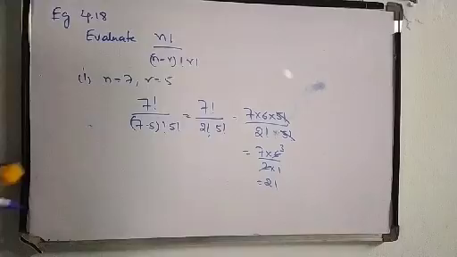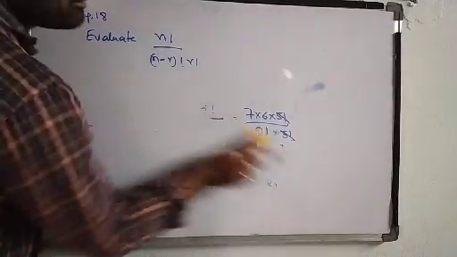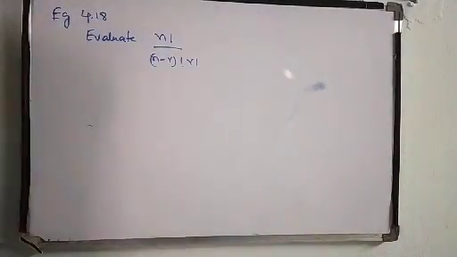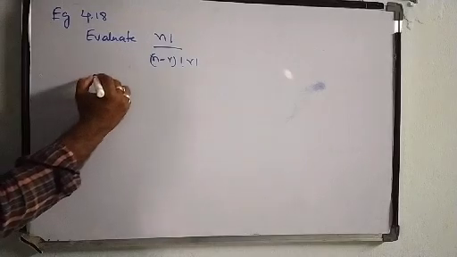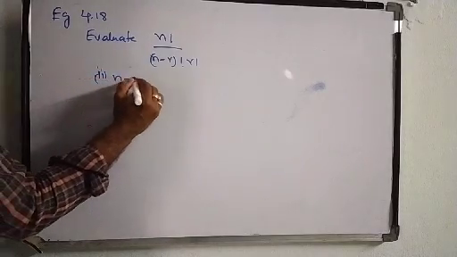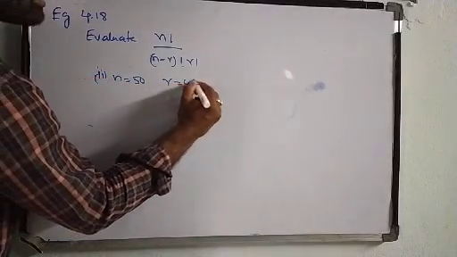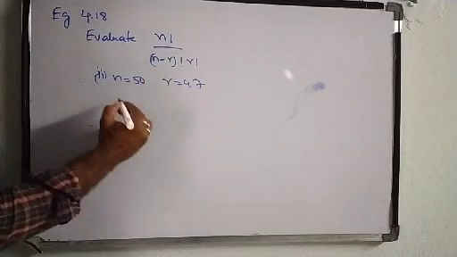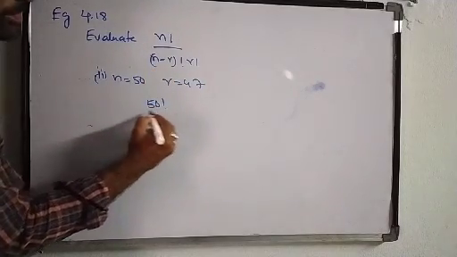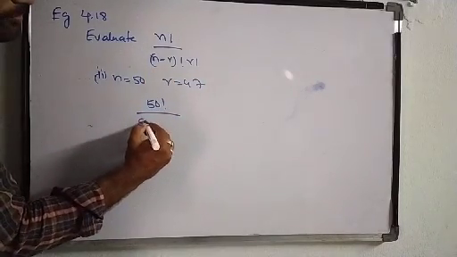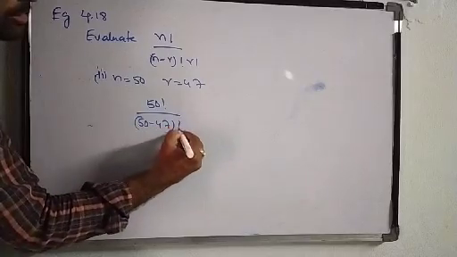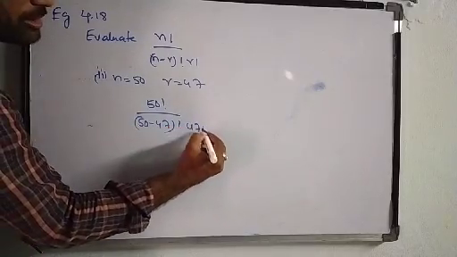Next let us look at the second question, second subdivision. In the second subdivision, it has given the n value as 50 and the r value as 47. So if n value is 50, it will be 50 factorial by 50 minus 47 factorial into 47 factorial.